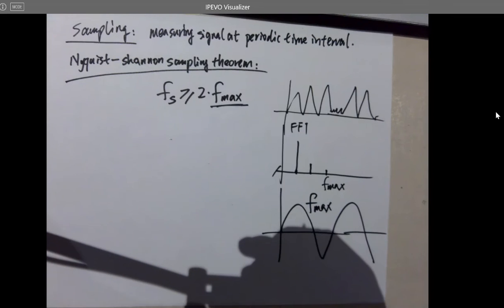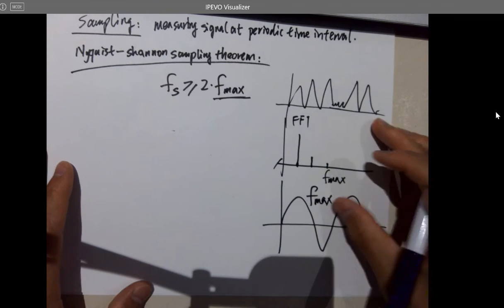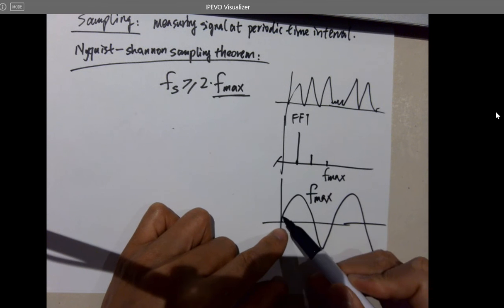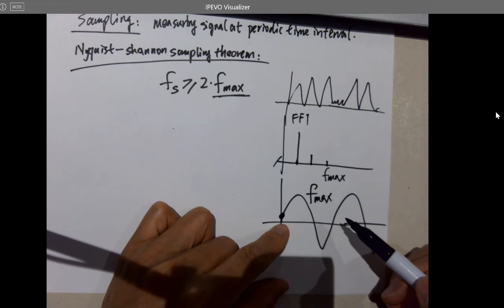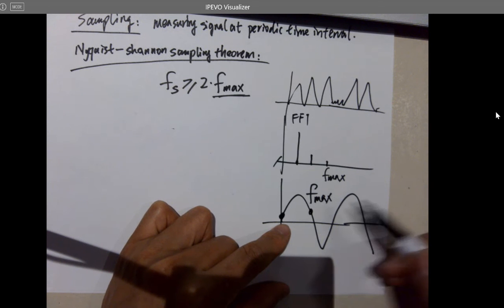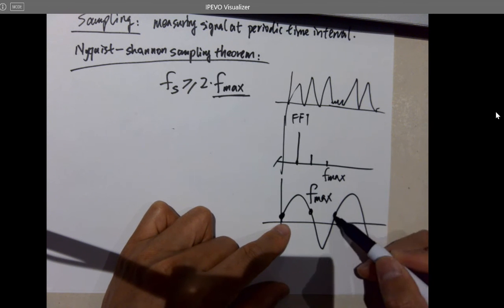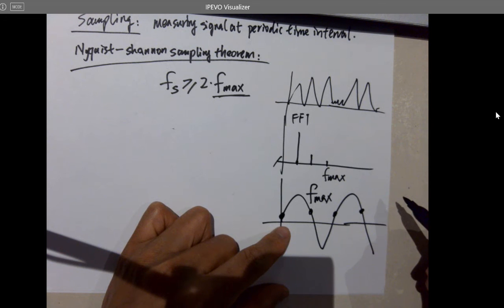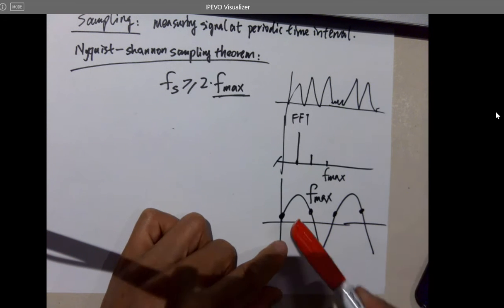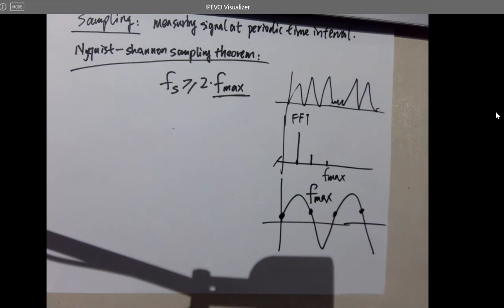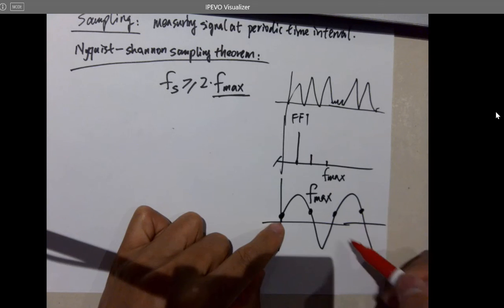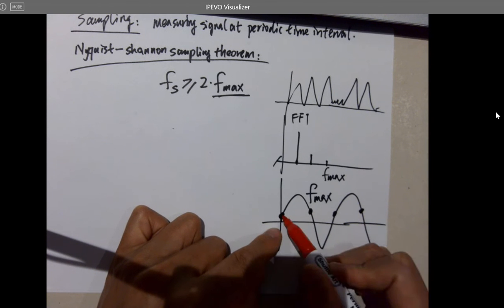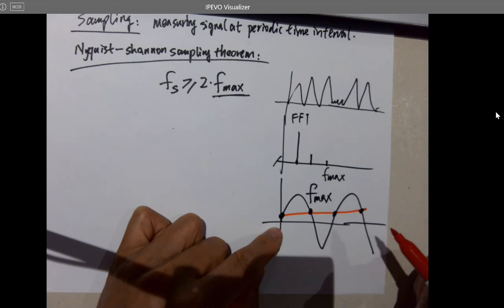The reason is that if your sampling rate is very low, but the signal frequency is higher than your sampling rate, you are sampling, for example, this point, then this point, and this point, and you cannot recover the original signal. The ADC cannot see this sine wave because it's not sampling these points. It's only sampling this point, this point, this point, so it thinks this is a line, not a sine wave.